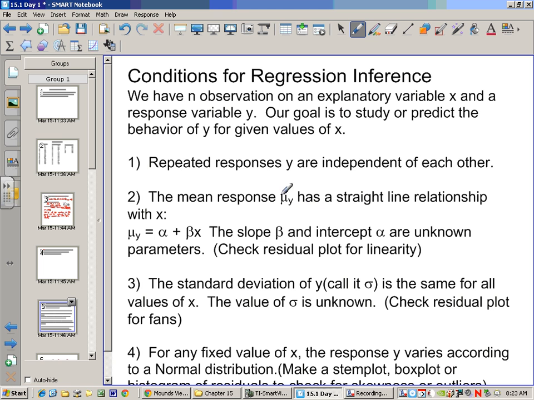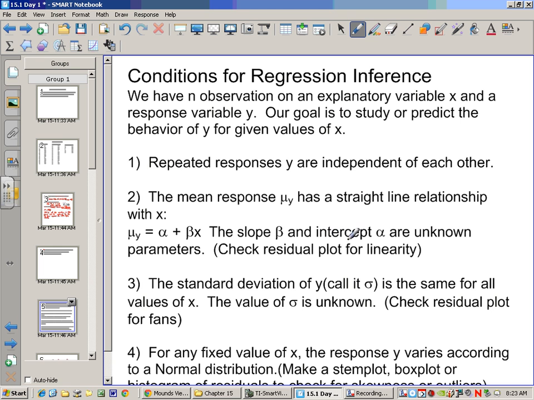Second, we want the mean response to have a straight line relationship with x. So there is a true value for y. The mean is the true y-intercept plus the true slope times x. These are unknown parameters, and we want to make sure that that is a linear relationship.